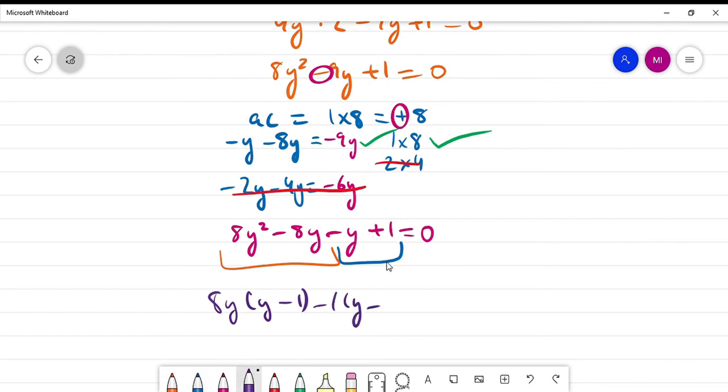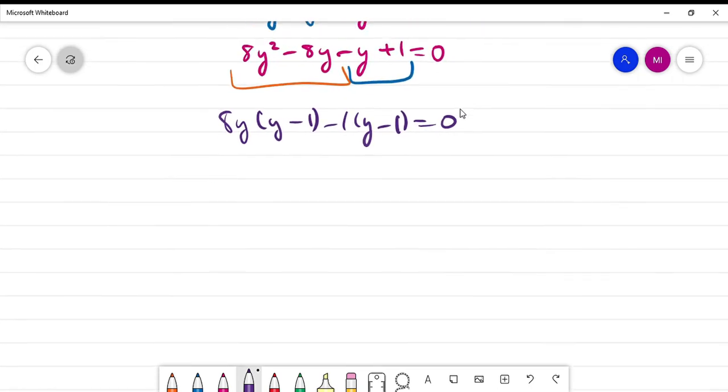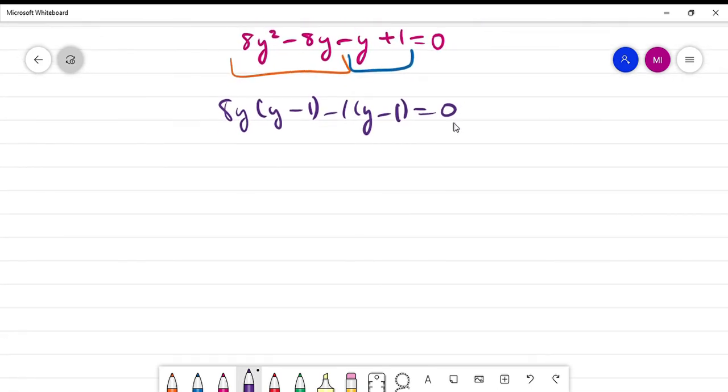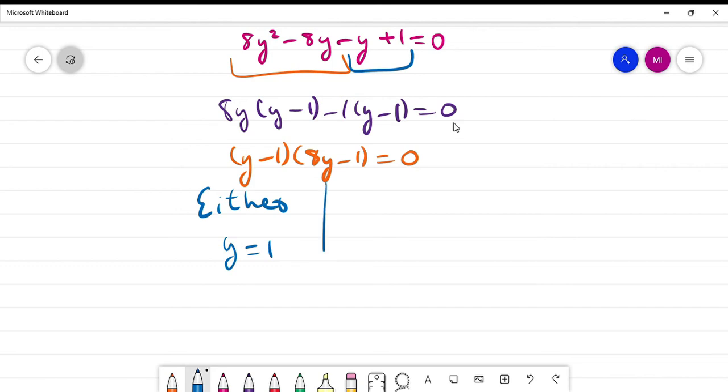So negative 1 into y minus 1 is equal to 0. So y minus 1 into 8y minus 1 is equal to 0. And their product is equal to 0, so one of them must be 0. But we don't know which one's 0.